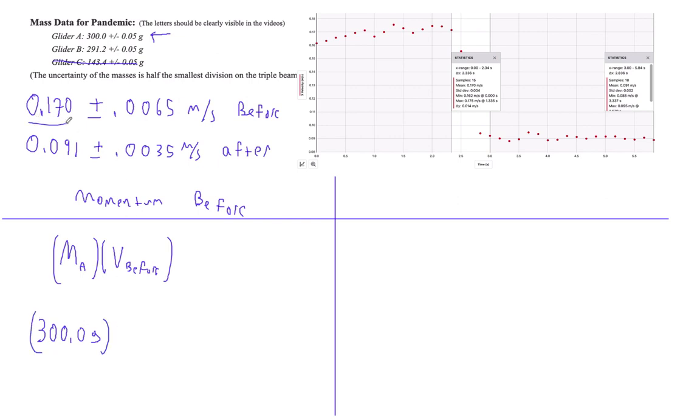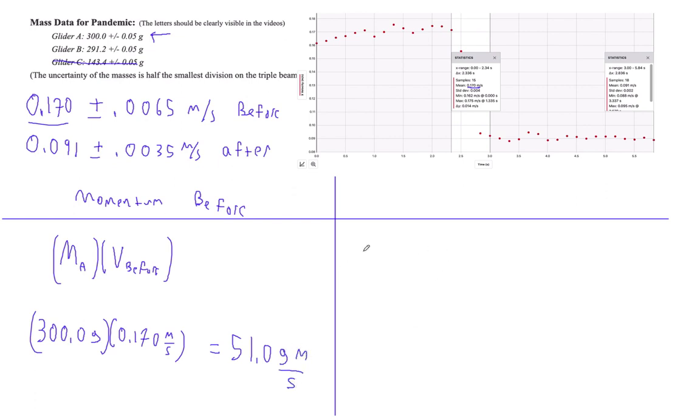And then our velocity before is this mean velocity. So 300 times 0.17 is 51.0, and that's gram meters per second.